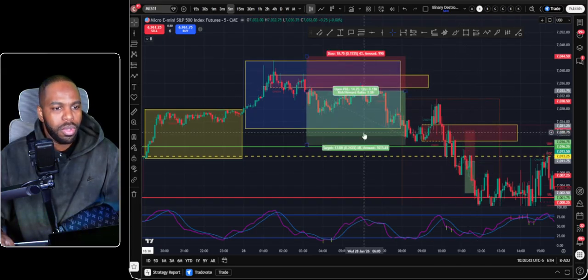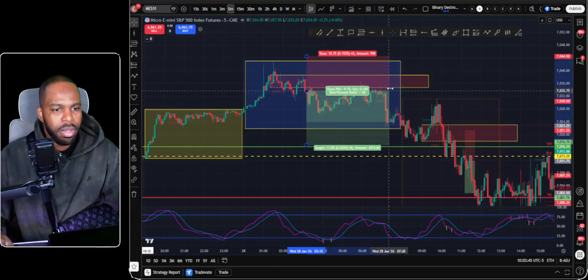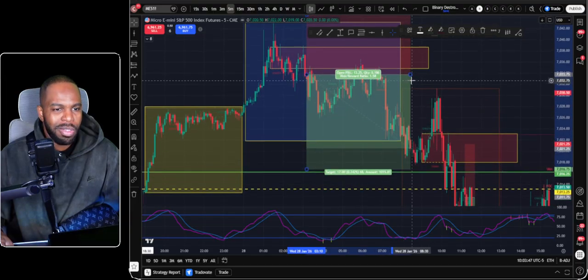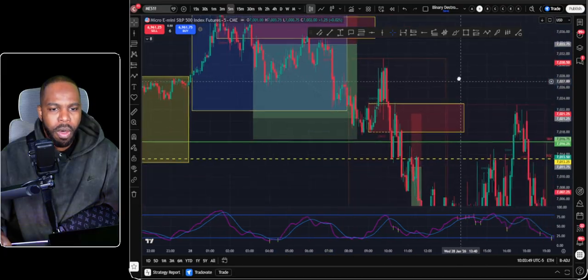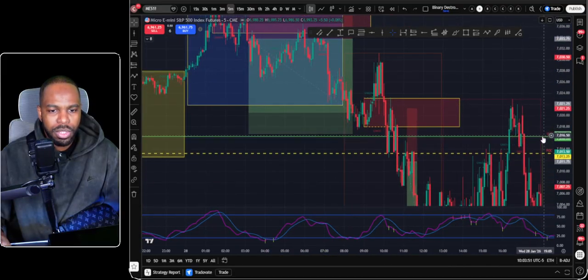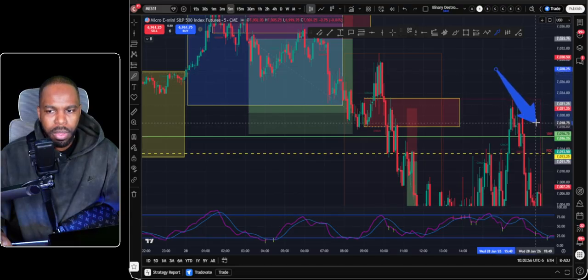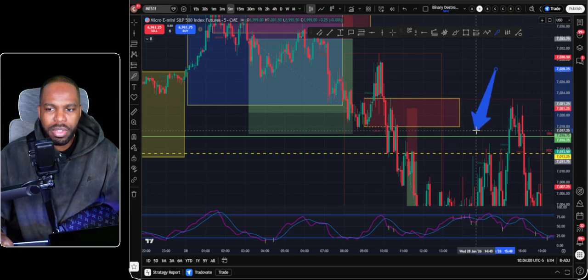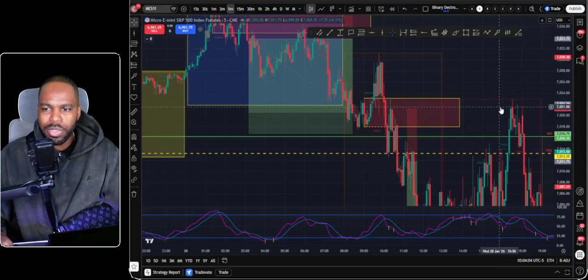As you can see right here, in this scenario I was targeting the value area low. This green line right here is the value area high. So that's what I was targeting.